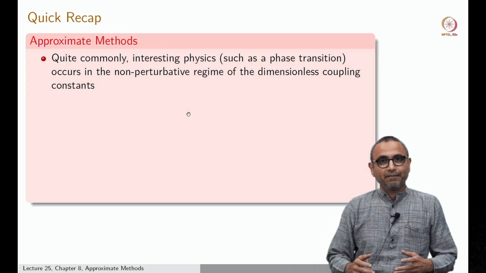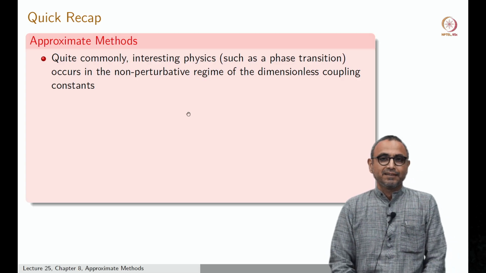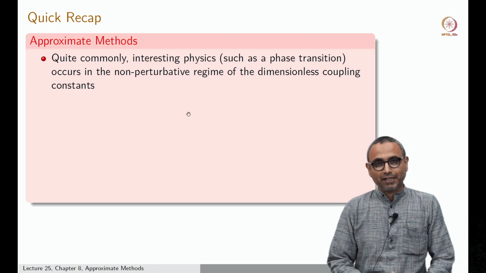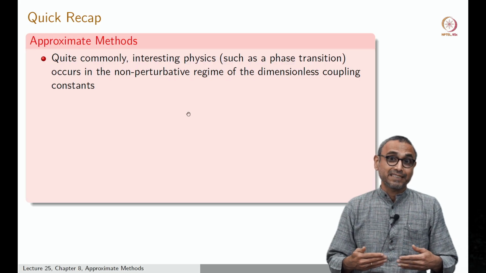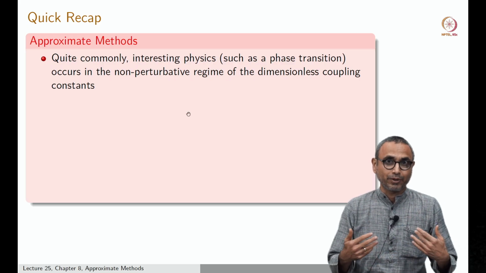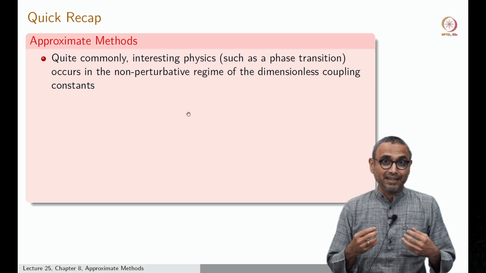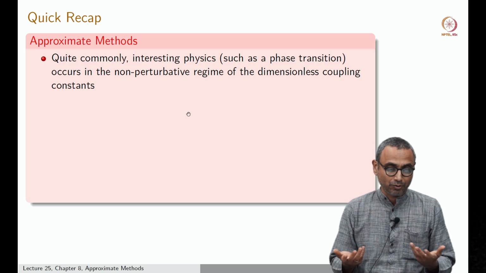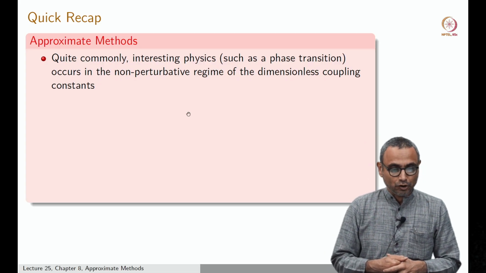So, very often in the class of problems we want to study, we will encounter regimes of coupling constants which are not in the perturbative regime where interesting physics occurs. For example, if you take the two-dimensional Ising model, the transition temperature as a fraction of the coupling constant J, the exchange constant, is something like 2, so it is 2.3 times the exchange constant.